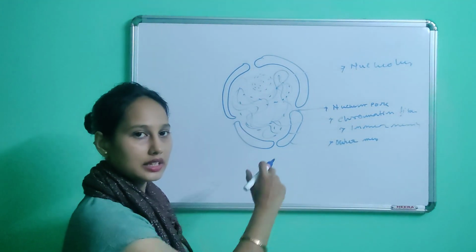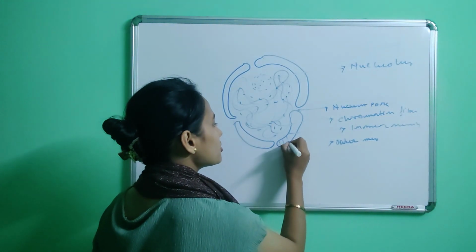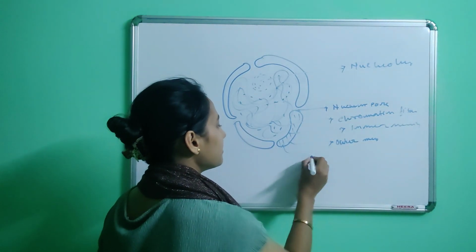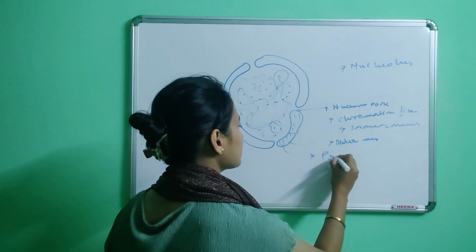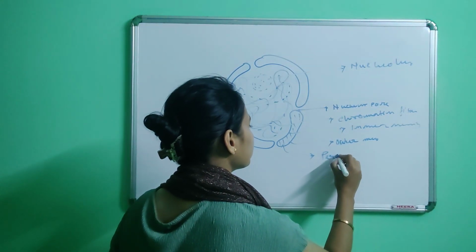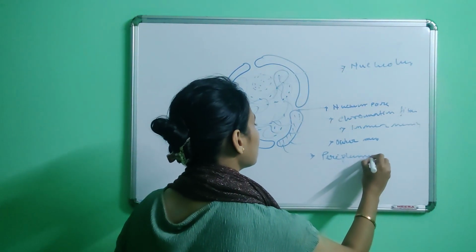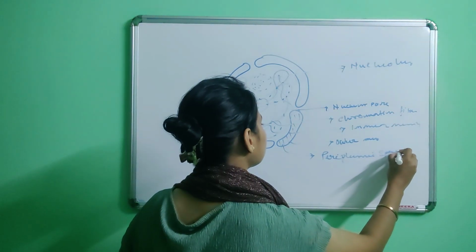Between the outer and inner membrane, there is a portion called the perinuclear space.